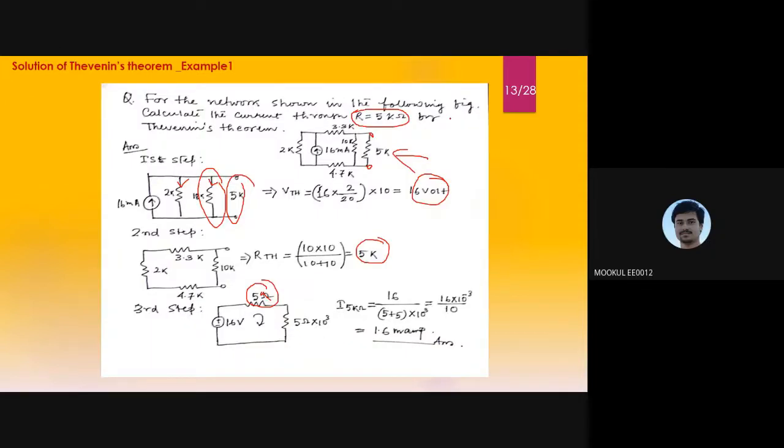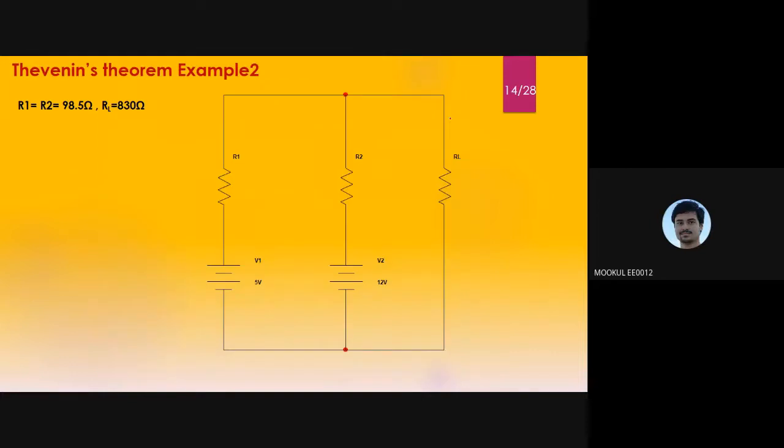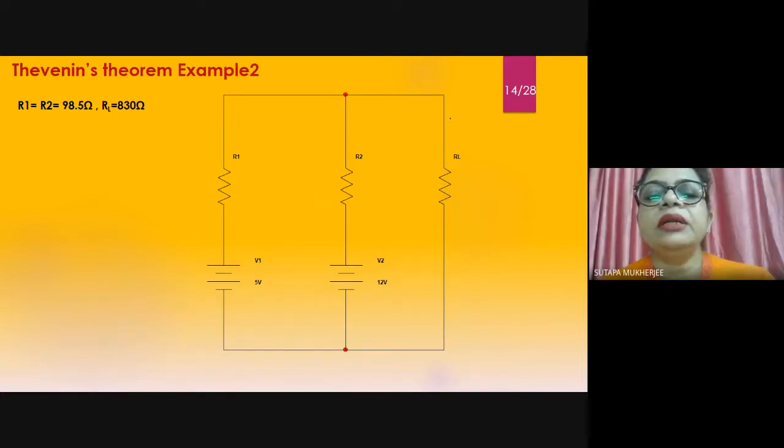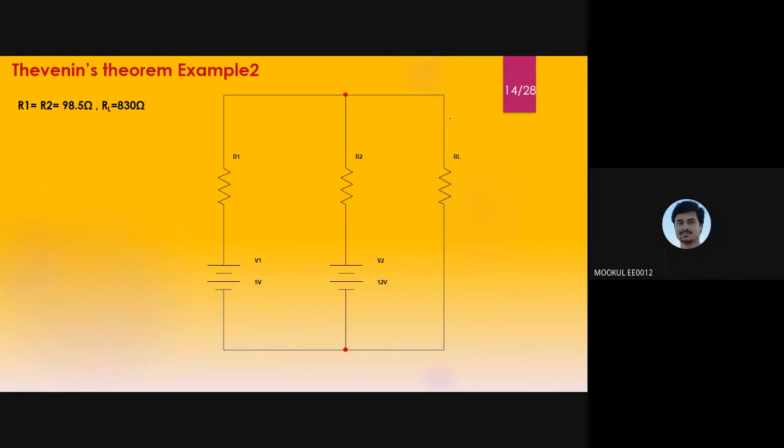Yes ma'am. This one? Yes ma'am, and 3.2 milliampere. 1.6, brother, 1.6. Where did I make the mistake? Okay, have you written this one? I have taken a screenshot. Can I go to the next slide? Ma'am, wait a little.